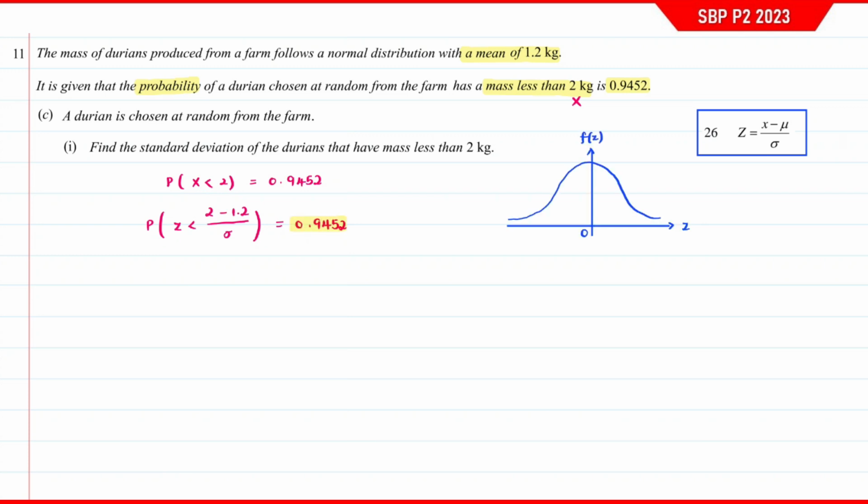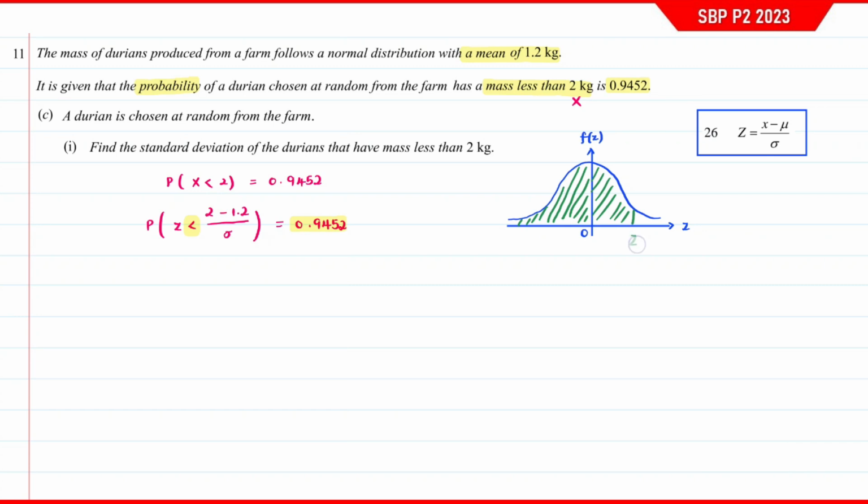So next, I'm going to draw the standard normal distribution graph. This probability is an area under the curve. As the z-score here is less than, then the area will be on the left-hand side. If we shade from the left-hand side until the f(z) axis, this is just equal to 0.5. So 0.9452 is more than that. So let's say until here, all of this shaded region is representing 0.9452.